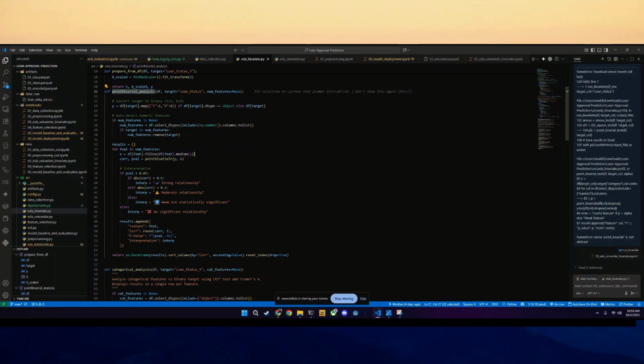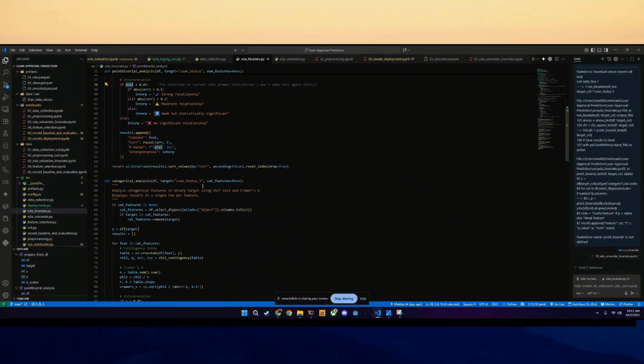Basically, we are calculating the p-value. The p-value ranges from 0 to 1, and it is compared against 0.05. Whichever has the higher value has a strong relationship with the target variable.